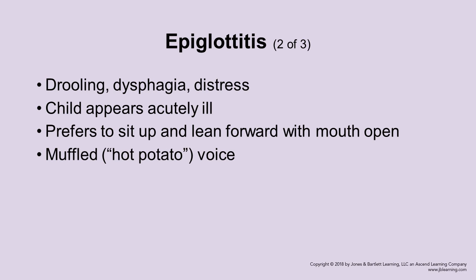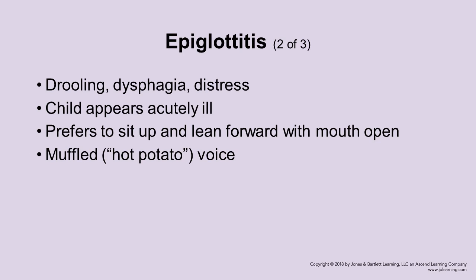These patients usually present with a history of a viral prodrome, but then progress to more ominous symptoms such as drooling or inability to manage their secretions, dysphagia or difficulty swallowing, and respiratory distress, or just distress in general. These children appear more acutely ill or toxic than children with less severe illnesses.